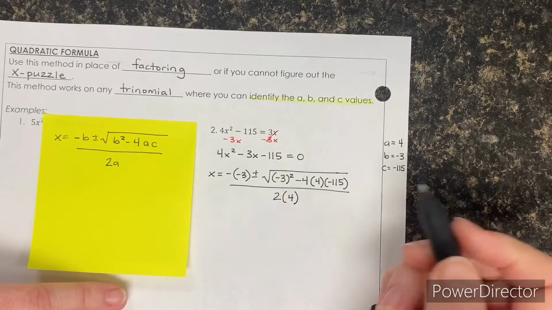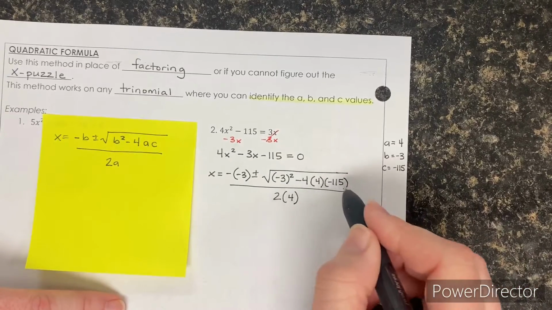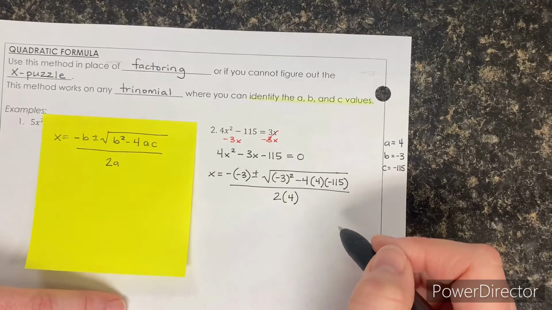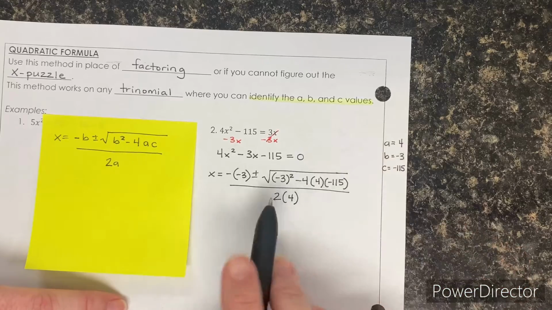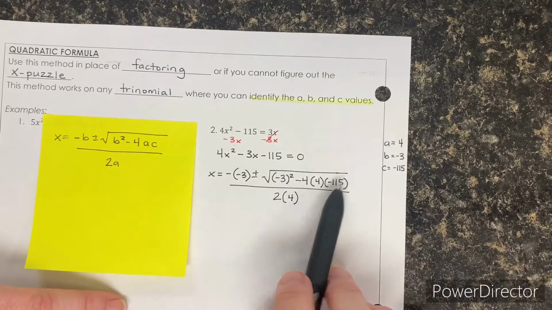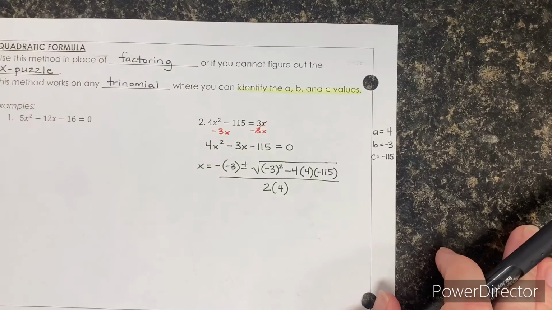And once you get better at this, you're going to be able to say the quadratic formula just like I did with the letters and then just put the numbers in their place. It may take you a little bit longer to plug them in, and that's okay. The most important thing is that you plug in the numbers in the correct spots. That's the most important thing.